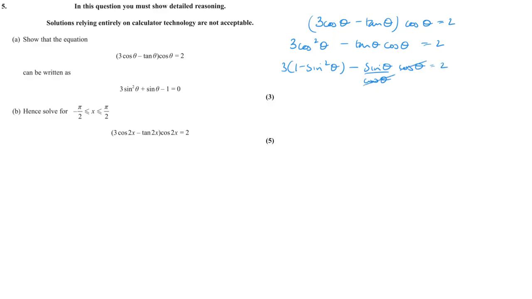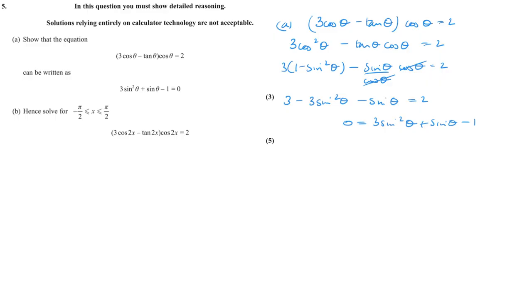Cos thetas will cancel there, so this is 3 minus 3 sine squared theta minus sine theta equals 2. Taking it to the other side, 3 sine squared theta plus sine theta minus 1. And that is that. So that was very easy marks there for part A.